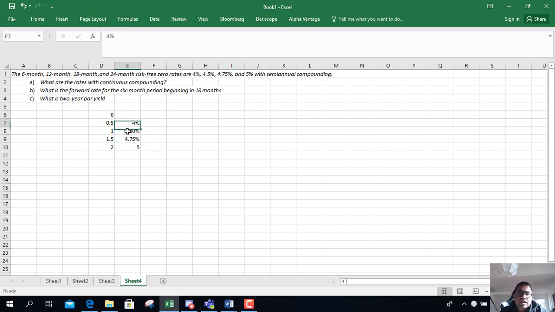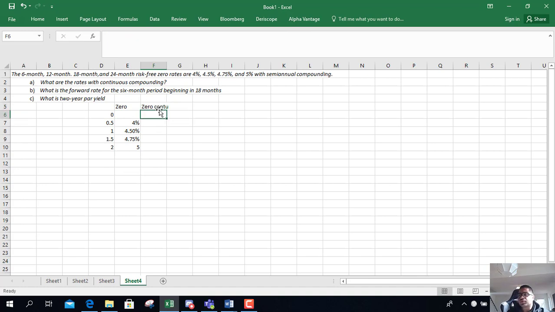So these rates are zero rates, but they are not continuously compounded. Whenever we have to find forward rates or we have to find par value, we have to use continuously compounded rates. So first you have to convert it into zero continuously compounded rates.